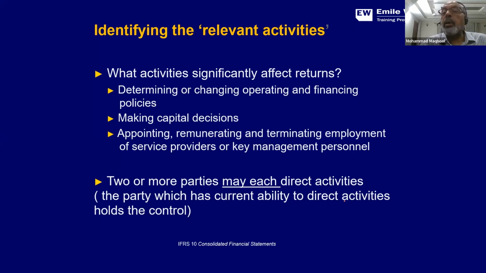So two parties have control, but we look at who currently has the ability to direct the activity. Basically, that entity would have the control. After 3 years, control may shift to the other party, but currently this party has the control to direct the activity.